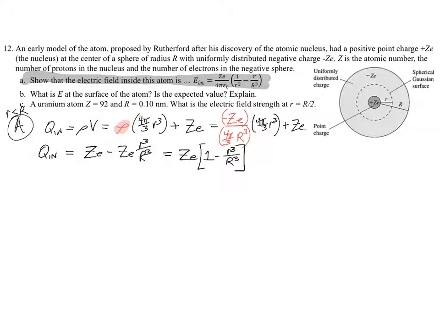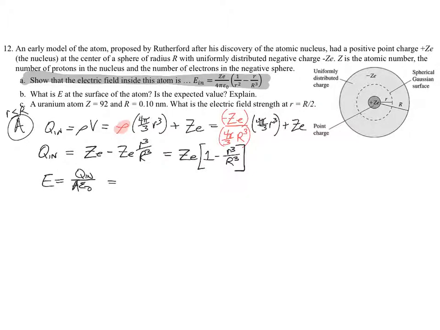Okay, so now we have as simple a definition of the charge on the inside of our Gaussian surface as is possible. And so once again, we'll skip all of the formal writing of Gauss's law. We'll just boil it down to the field thing here.